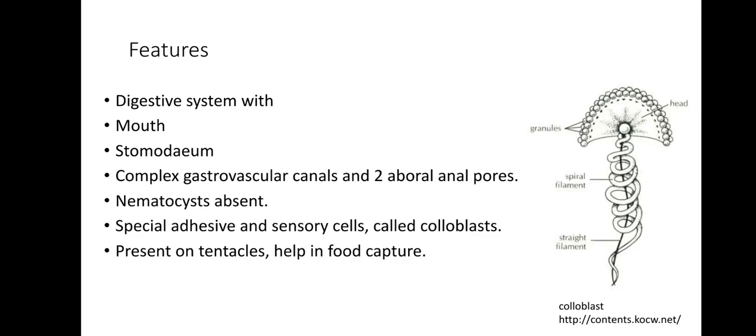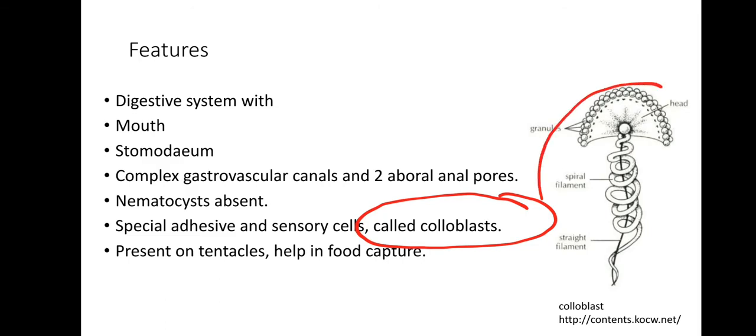But instead, there is a special cell called a colloblast. Okay, what you are seeing here in the picture is a colloblast. So these colloblasts are special features of ctenophora. Okay, and these are present on the tentacles and they help in food capturing with a straight filament and a spiral filament.